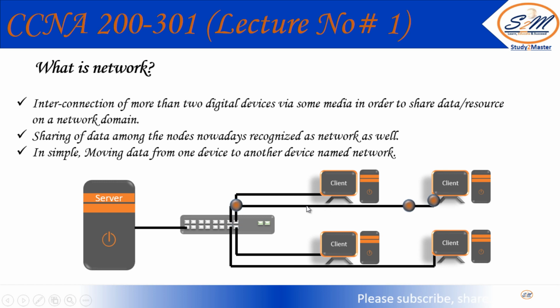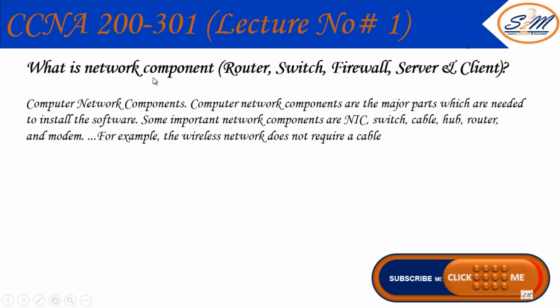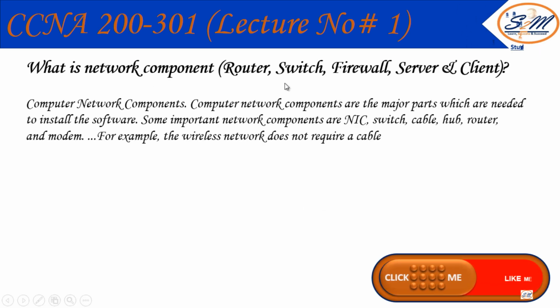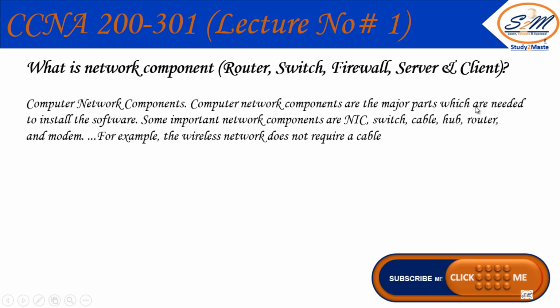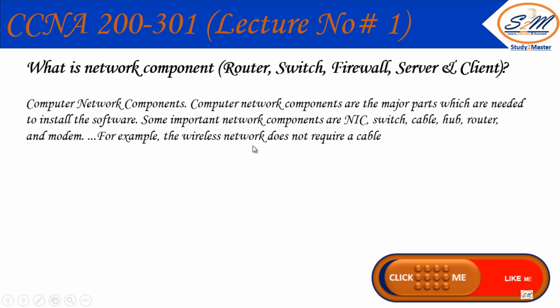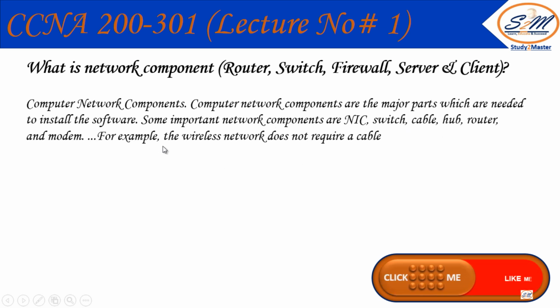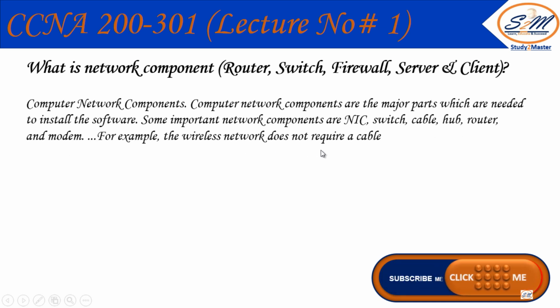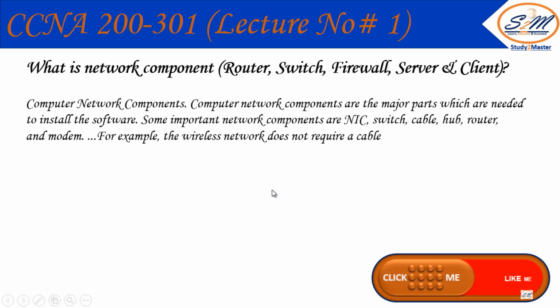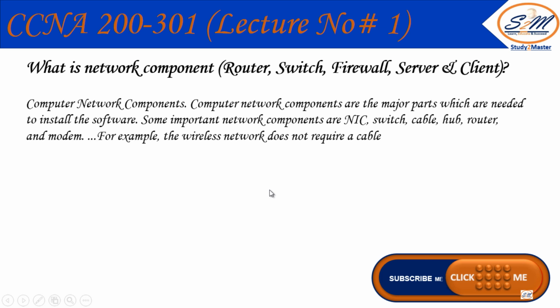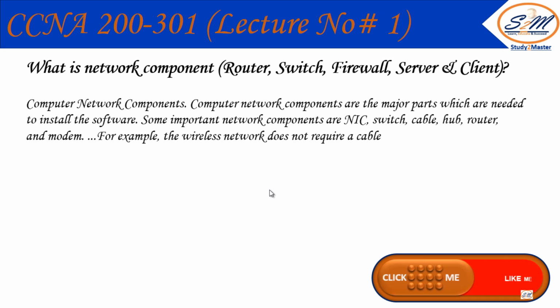Now let's jump to the next slides. What are network components? Router, switch, firewall, server, and clients. Computer network components are the major parts which are needed to install the software. With the same importance, network components are a NIC, switch, cable, hub, routers, and modem. For example, a wireless network does not require a cable. So we have wired devices and also wireless components.